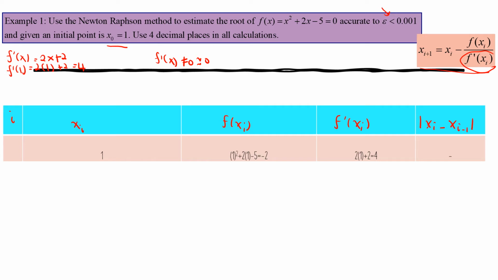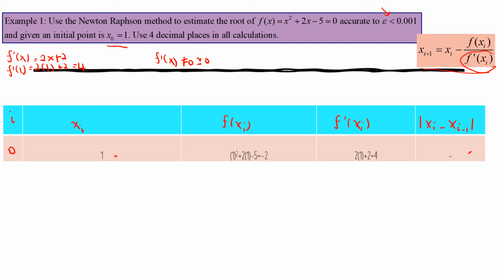So let's start with iteration 0. The initial point is 1. Substitute 1 in f(x), you will get negative 2. Substitute 1 in f prime of x, you will get 4. And there is no error for the first iteration.